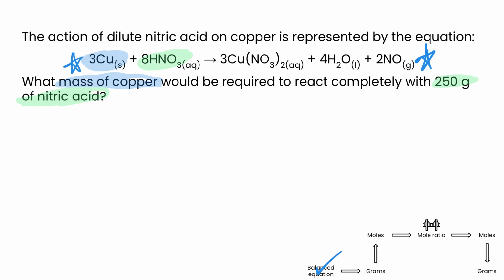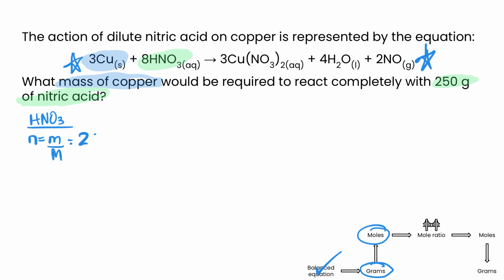It's always helpful to get the highlighter out because then it helps you to focus on what molar ratio you're actually using. Now, we're given information about nitric acid in grams, and we need to find moles. So let's do that step first. For nitric acid, our moles is going to be mass divided by molar mass.